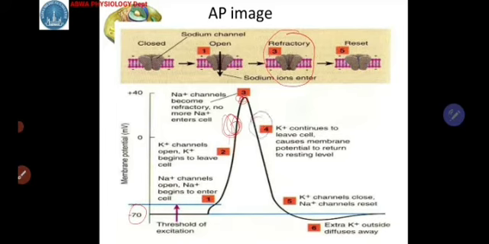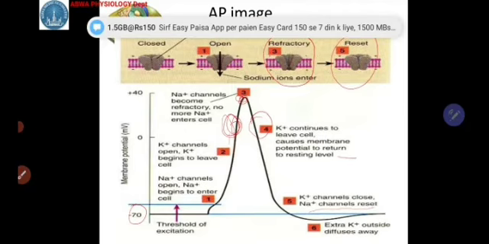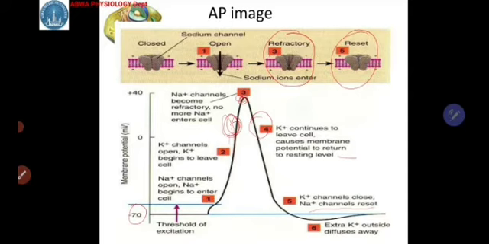At this point, the potassium channels are open maximally. Potassium continues to leave the cell, causing the membrane potential to return to the resting level. And the potassium channels close, sodium channels reset. This one is resetting. And the extra potassium outside diffuses away.